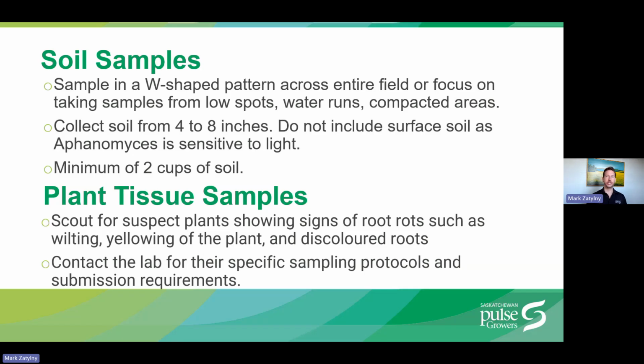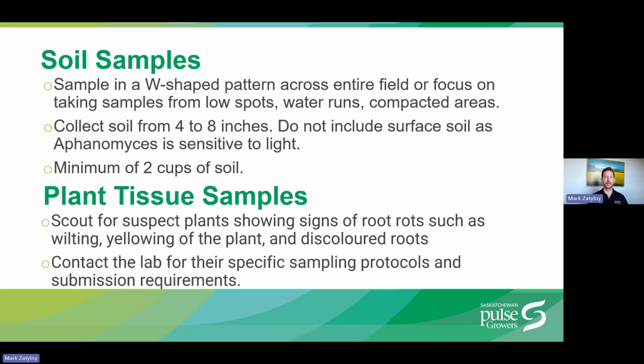You do want to be sure that you request the pathogen load when you go through this process, as typically you'll just receive a yes or no answer for the presence of Aphanomyces, but you can request a numerical result of oospores per gram of soil.